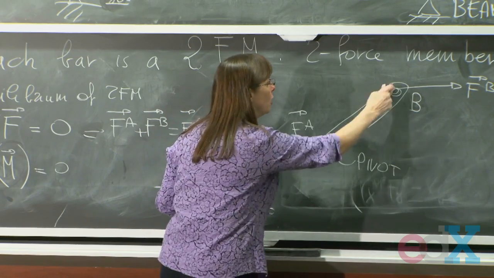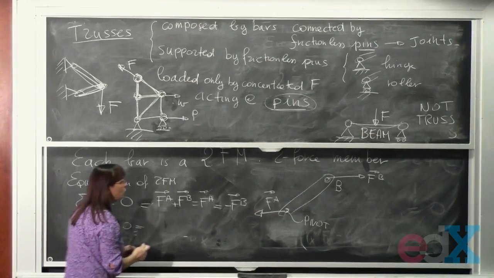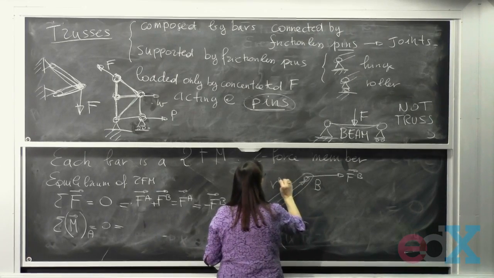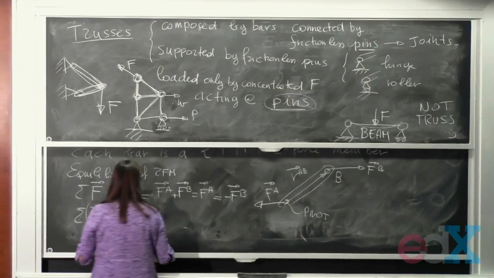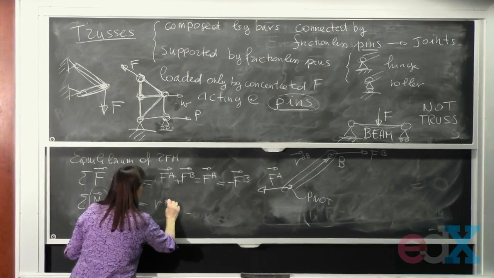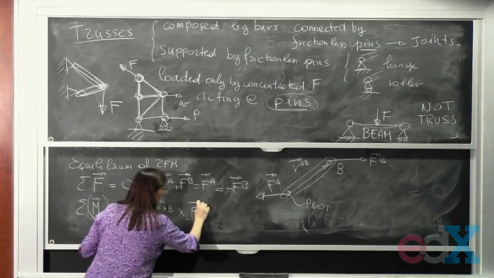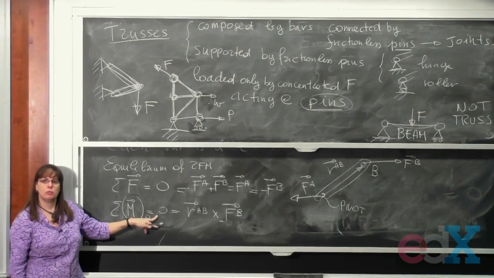So if I do the moment with respect to A as my pivot point, then all I need to worry about is RAB cross FB. This I want to be 0.